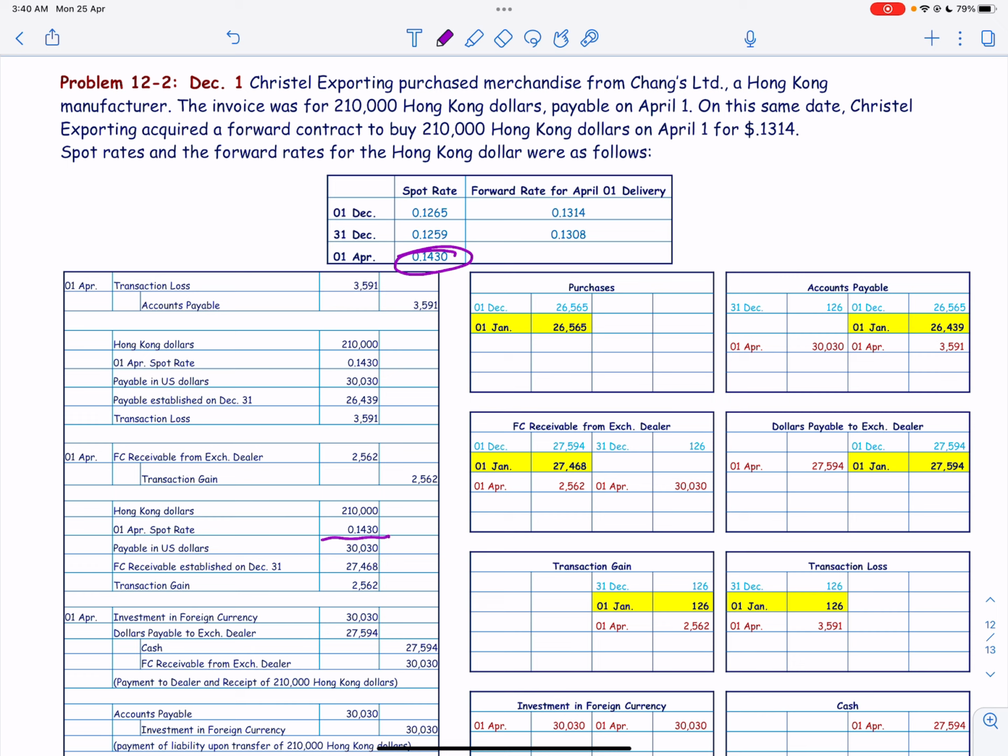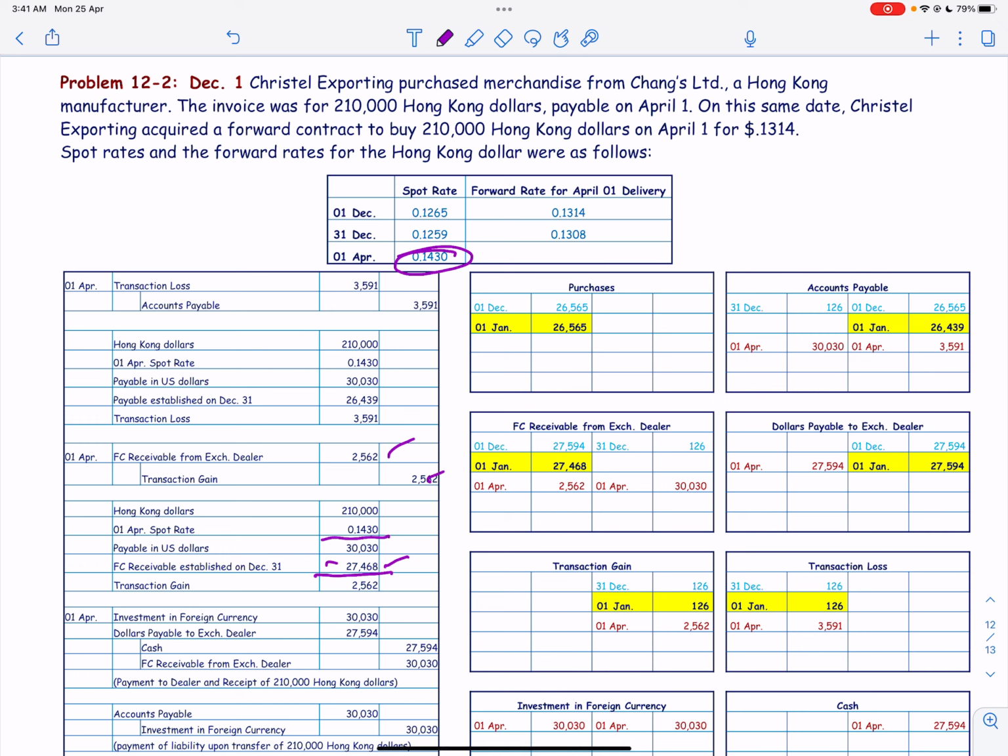The foreign currency receivable from the exchange dealer on 31st December was 27,468. So there is a transaction gain of 2,562. So debit the receivables and credit the transaction gain.